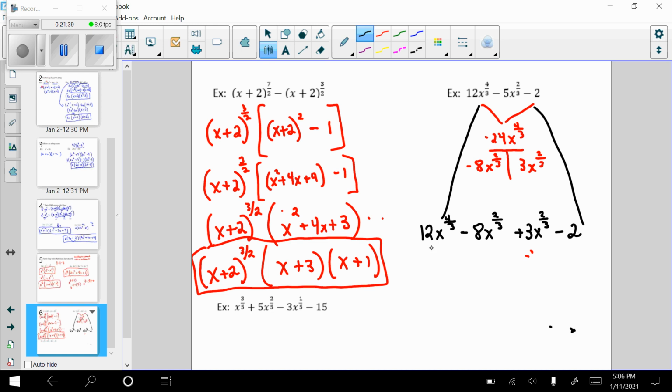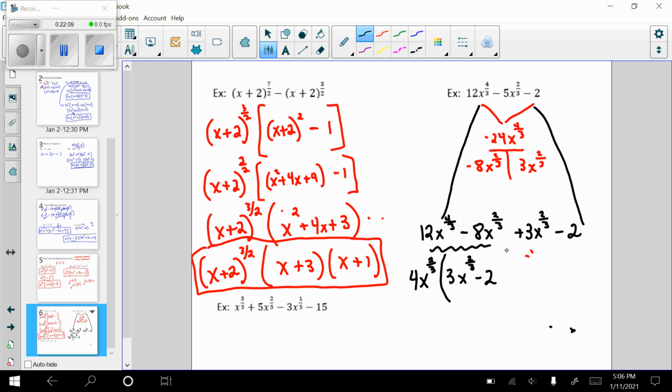So then I have my factor by grouping. I can pull out 4x to the 2/3, smallest exponent showing. So I get 3x, 4/3 minus 2/3 is 2/3. And then if I pull out I get a minus 2. 2/3 minus 2/3 is 0.